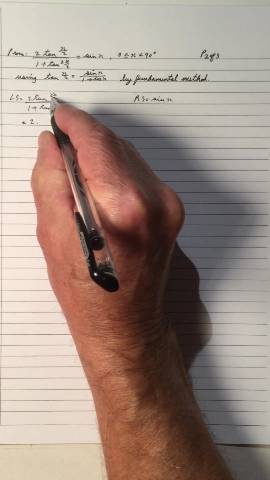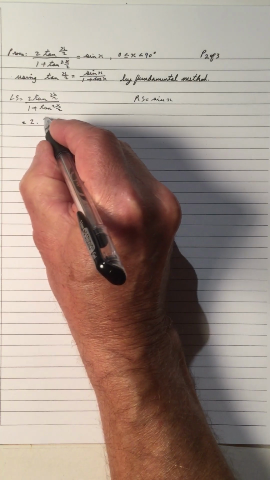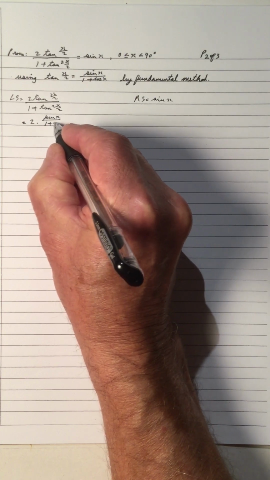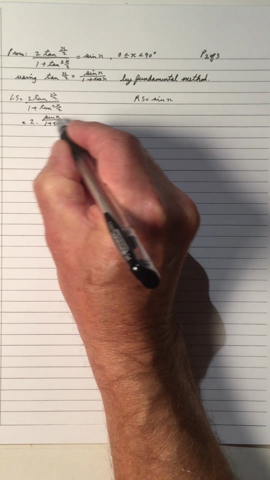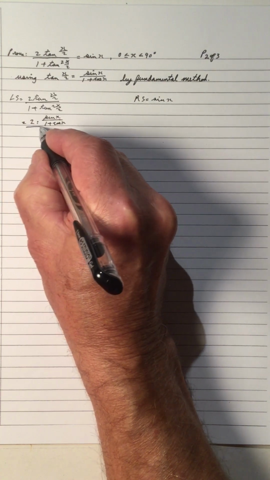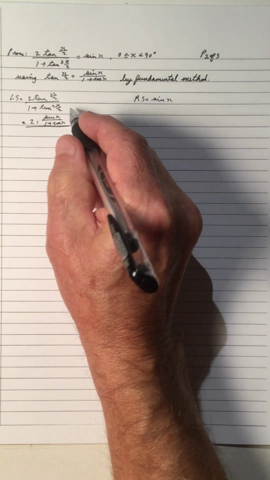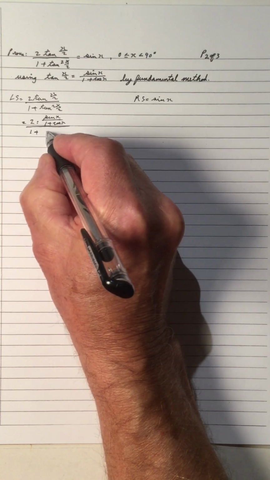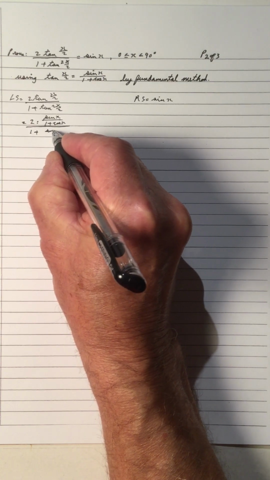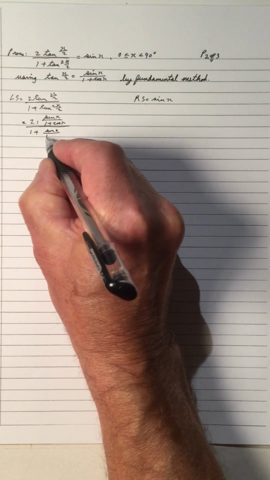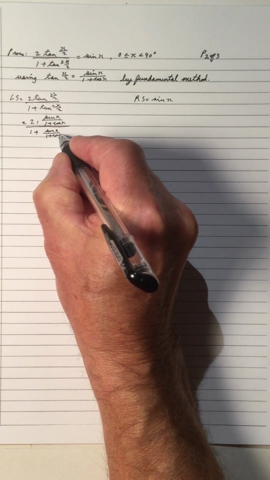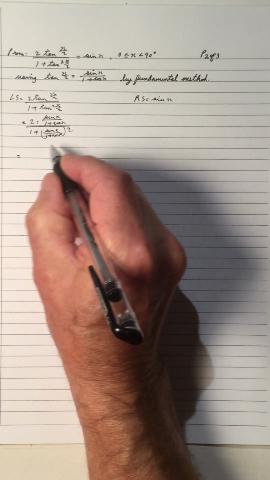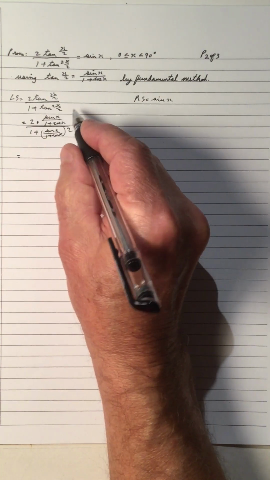So the tan of x over 2 is equal to sine x all over 1 plus cos x, and there's the division line, and that's 1 plus sine x over 1 plus cos x, squared.